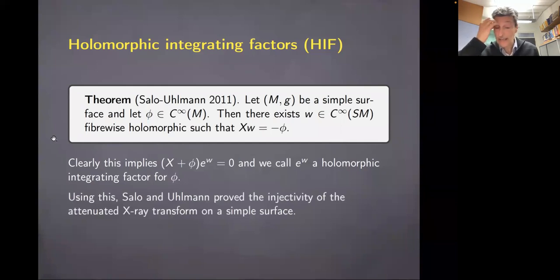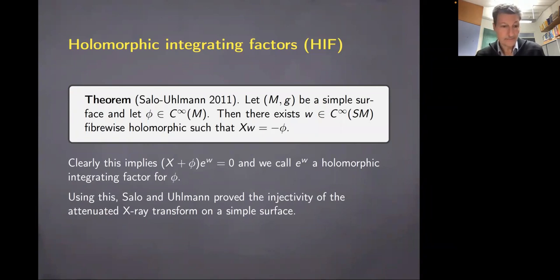And Mikko and Gunther used this to prove that the attenuated X-ray transform on a simple surface was injective. Very nice result, by essentially using this fiber-wise holomorphicity property and moving it to the regular X-ray by getting rid of this phi via fiber-wise holomorphic integrating factors.